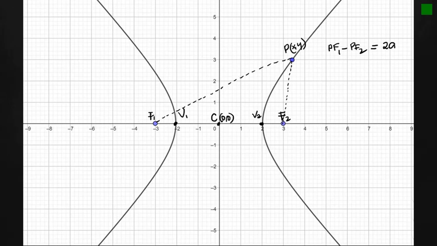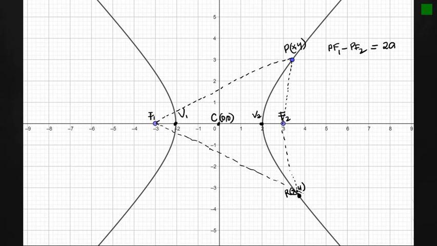And if we identify another point, let's say this point here, and this point is point R with coordinates x, y. So R to f sub 2 is that segment, and R to f sub 1 is also this segment.